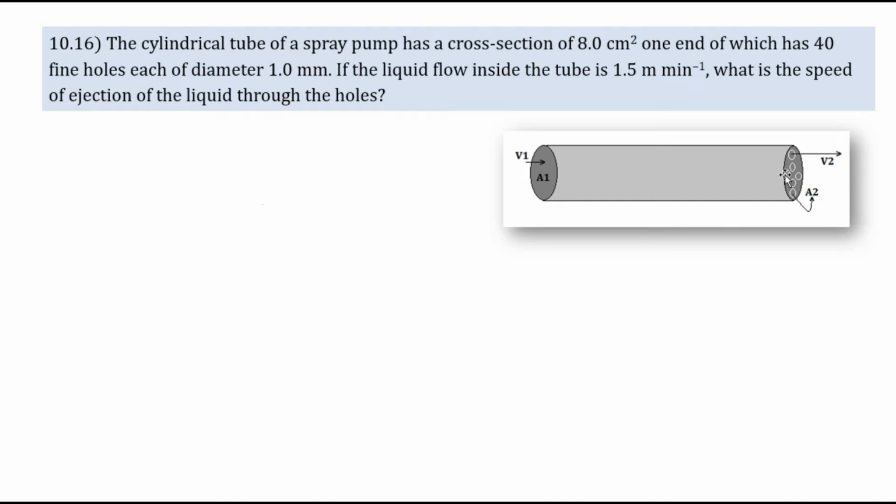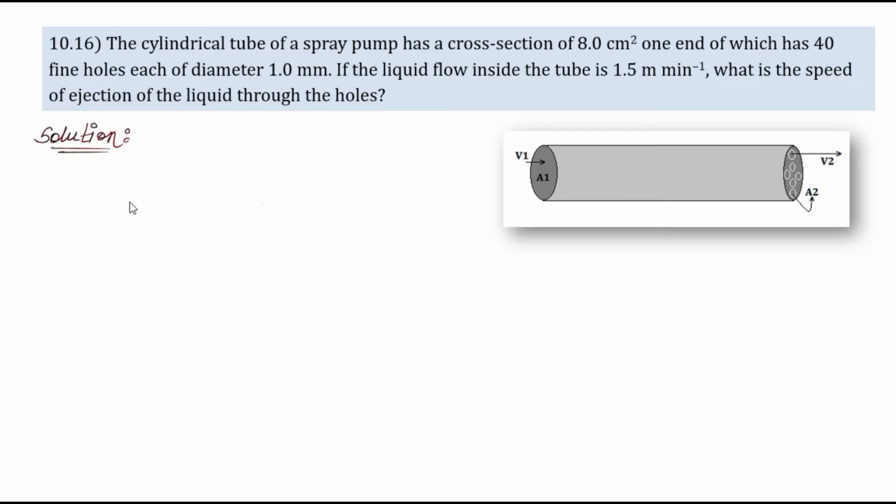If you take the velocity of water at the closing end, that is V2, and the area of the small hole, and take the product of these two, then this product is also a constant. This is what the equation of continuity says. Now we will find the velocity of water coming from the small cross-sectional area denoted by A2.